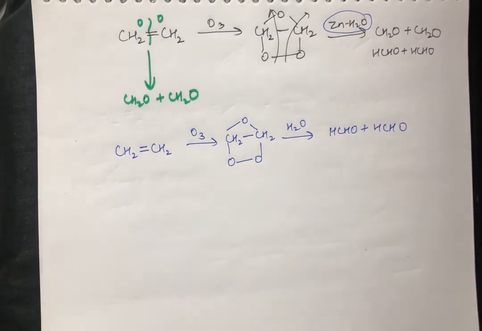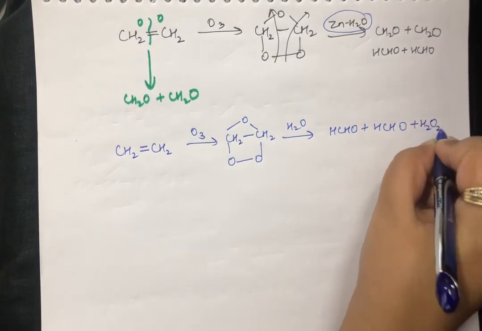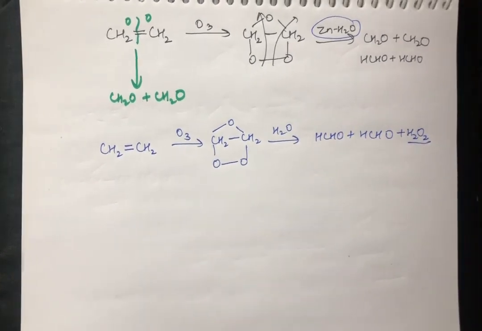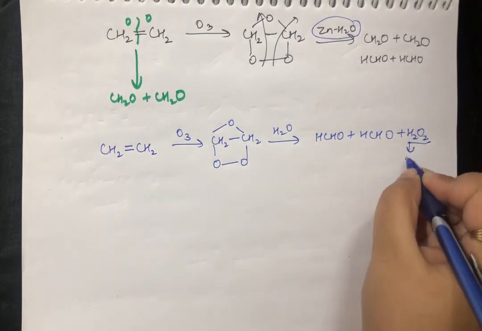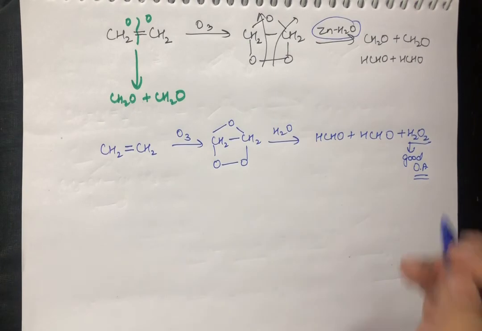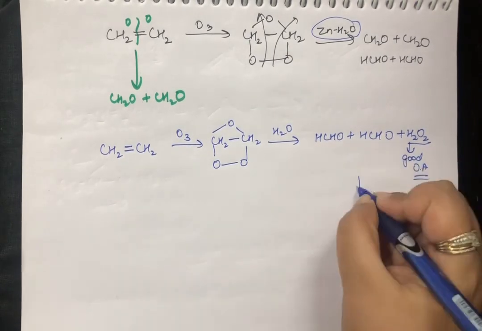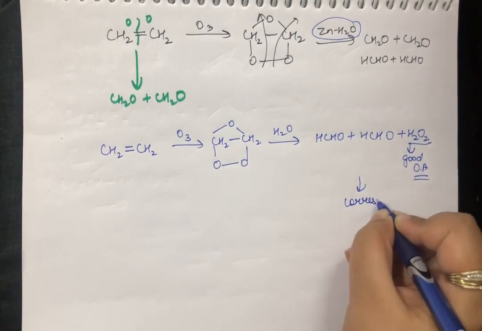Now, along with the two molecules of HCHO, the other byproduct that is produced is hydrogen peroxide. And we know that hydrogen peroxide is a good oxidizing agent, and it will oxidize the aldehydes and ketones, whatever products are formed in the reaction, to the corresponding acids.